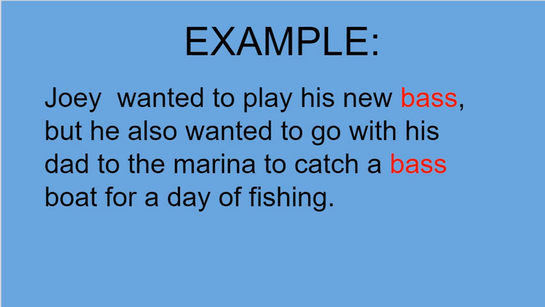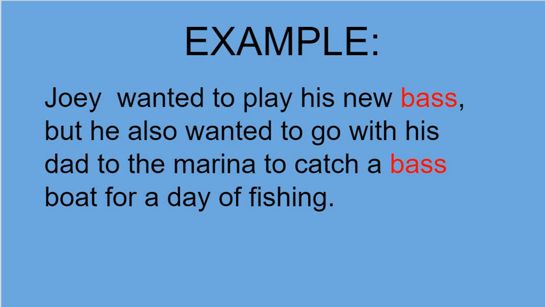Let's take a quick look at an example here. Joey wanted to play his new bass, but he also wanted to go with his dad to the marina to catch a bass boat for a day of fishing. So we have a word here, B-A-S-S, that has 2 different meanings and 2 different pronunciations.